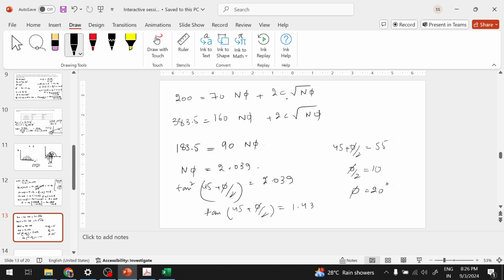And to calculate c, let us just put these values here and we will get 200 minus 70 into tan square of (45 plus 10), divided by 2 into tan of 55, which comes out to be c.